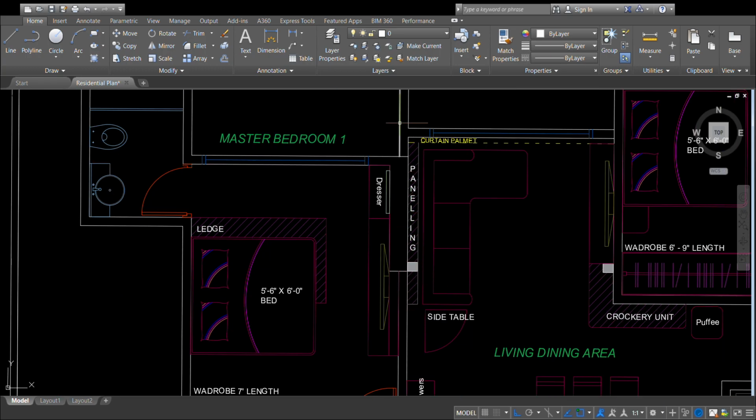So this can become a very nice wall display where I can have some niches and place some artifacts there, or it can also become a texture wall with a collage photo frame and many other ideas. So basically this wall paneling can be converted into a very nice wall display with some mood lights and wall wash lights. So that is one thing.